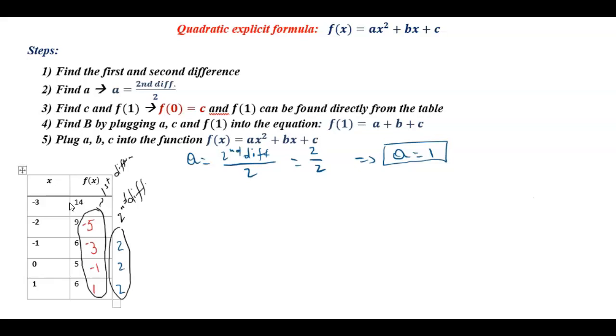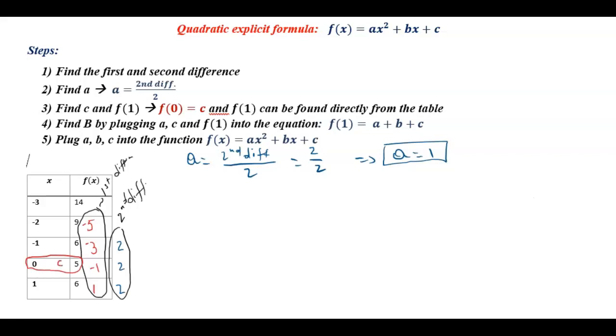So we know c is whatever the value of f of 0. So what we need to do is go to the table and look for the value at x equals 0. When x is 0, that's what we use to find c. When x is 0, f of x is 5.